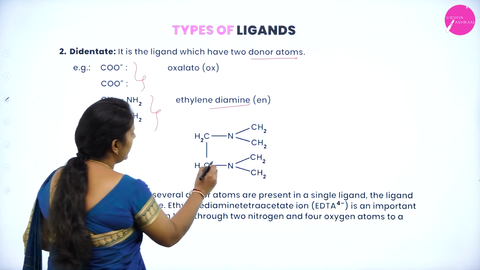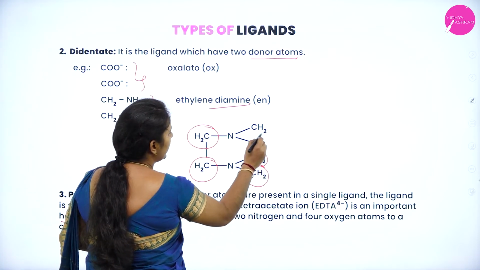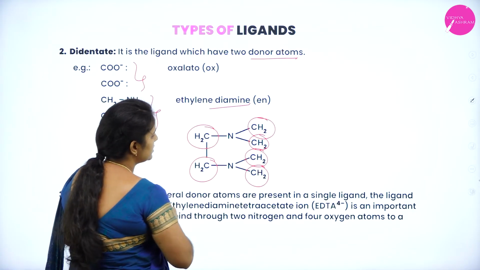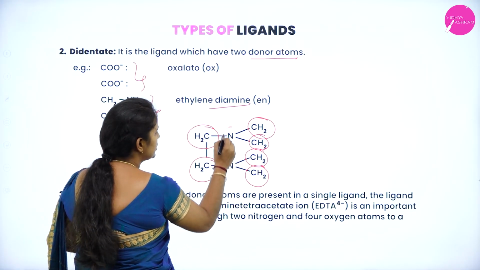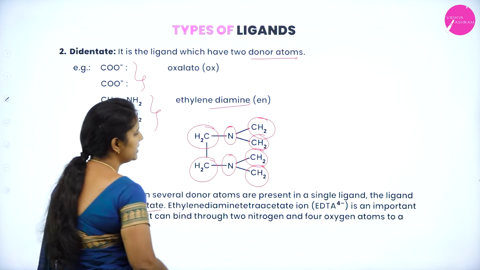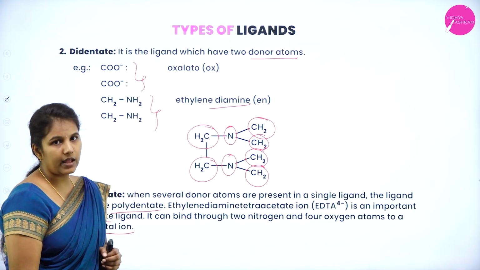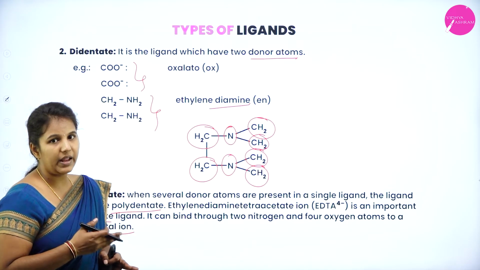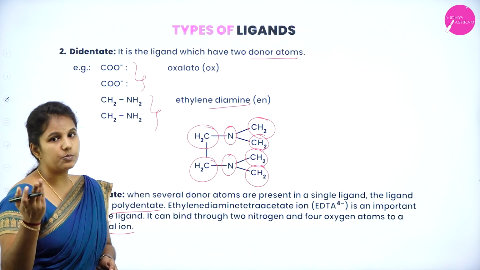You can see that there are 6 donor atoms attached to the central metal atom, forming a polydentate ligand. Poly means what? Many. If many donor atoms are attached to the central metal atom, we say it is poly.